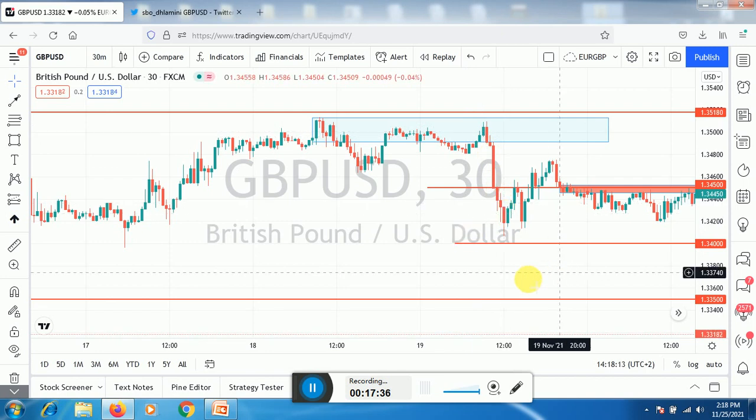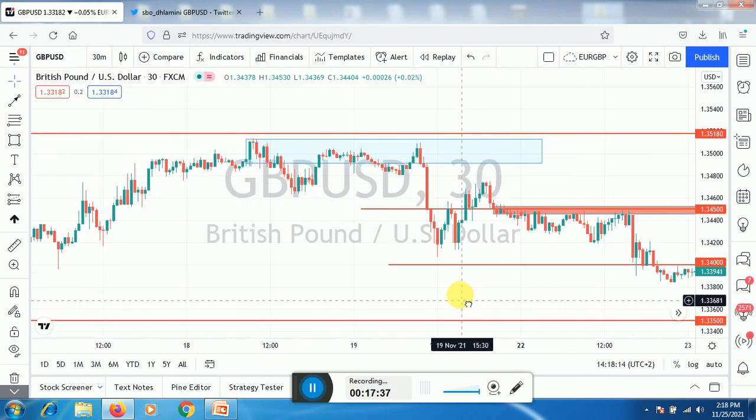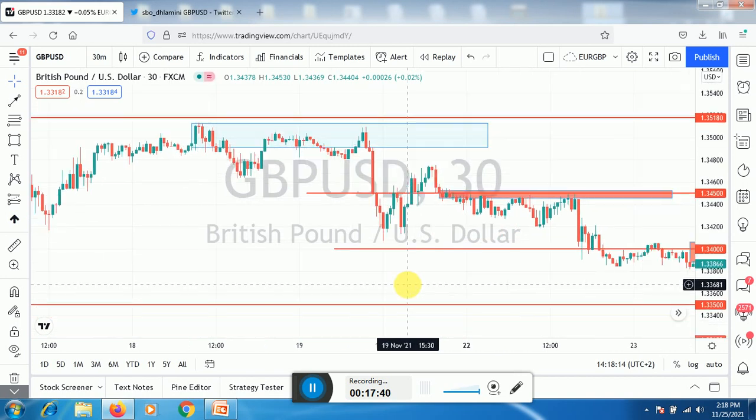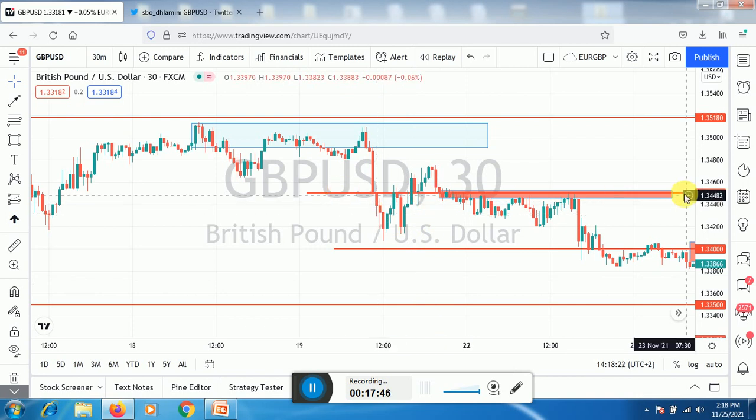We said an order block forms at a support and a resistance level, right? So this is a resistance level. This was support previously. It broke, and then it broke higher again, and then it broke below, and then it was a resistance level.